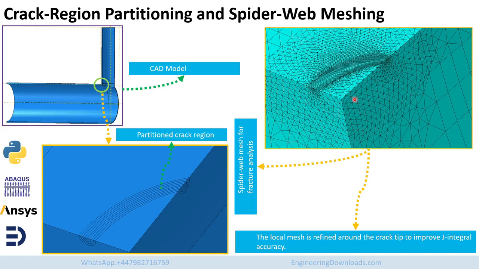If the crack tip mesh is poor, the J integral results may become unstable or inaccurate. So the quality of the final assessment depends strongly on how well this part is modeled. This is why crack region partitioning and focused meshing are one of the most important parts of the workflow.